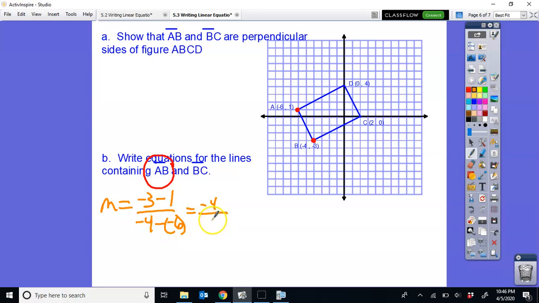So that's -4 plus 6, which is 2. -4 divided by 2 is -2. Now look at your line. It's going down 2 over 1. That's what the slope is. So that's my slope.